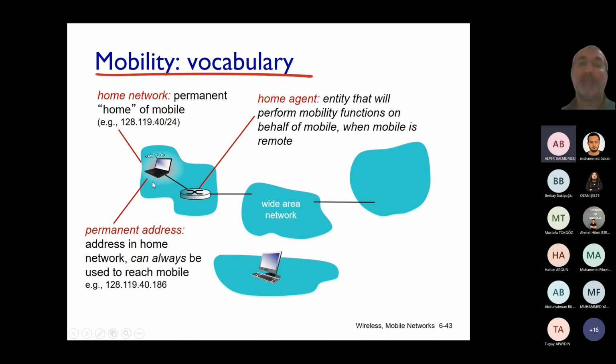We have a permanent address in this home network, which can always be used to reach this mobile. And in this home network, you have an agent, which is called the home agent. This entity is responsible for performing mobility functions on behalf of the mobile, even when the mobile is remote.